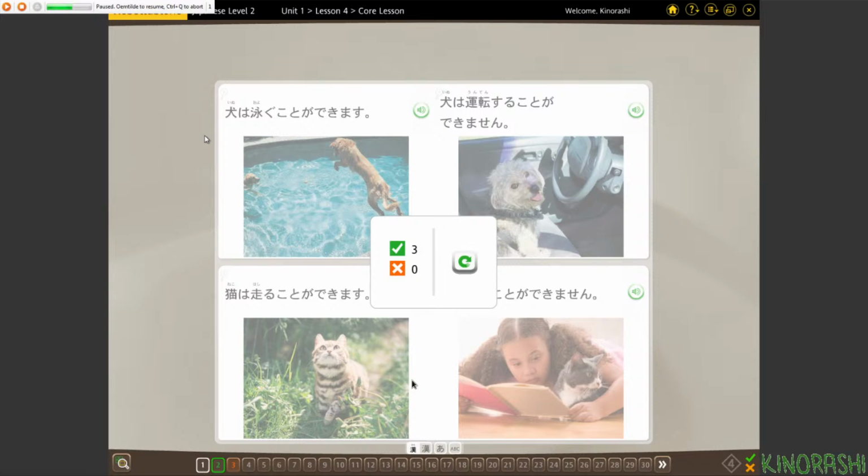As in, I'm bored. Wakaranai koto ga takusan arimasu. There are many things I don't understand. So, wakaranai. I think there's a way of saying don't understand, but I thought that was wakarimasen. Maybe that's a different conjugation.